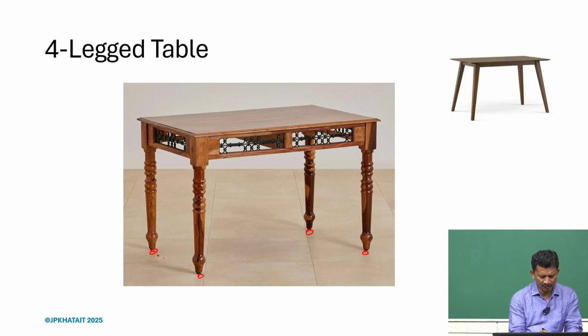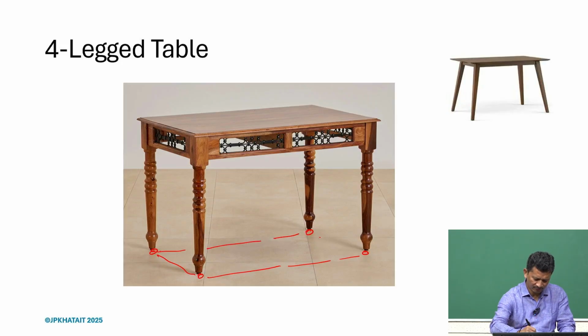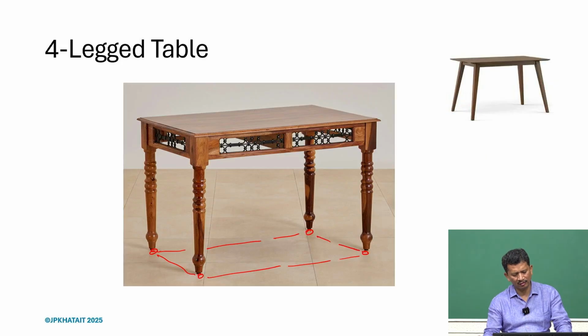Now what we understand is that with 3 points we can always define a plane. Now we have 4 contact points. If we want to define a conformal surface, or suppose a plane surface, it's very important to have all the 4 points on a single surface. So it puts a lot of constraint on the design and manufacturing.